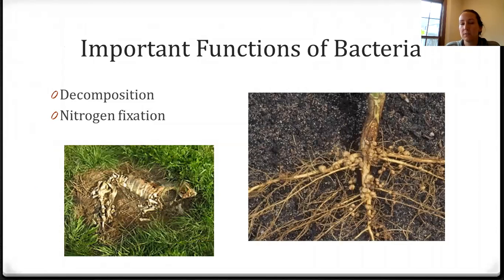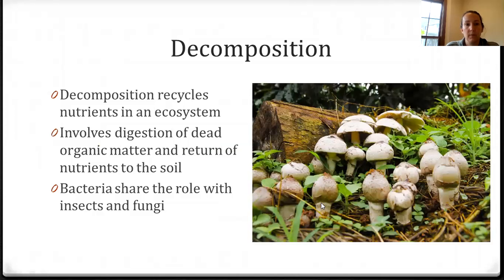Okay, important functions of bacteria. Decomposition, right here, and nitrogen fixation. Decomposition is when nutrients are recycled in the ecosystem. It involves digestion of dead organic matter and then the return of nutrients into the soil. Bacteria share the role with insects and fungi, like mushrooms.